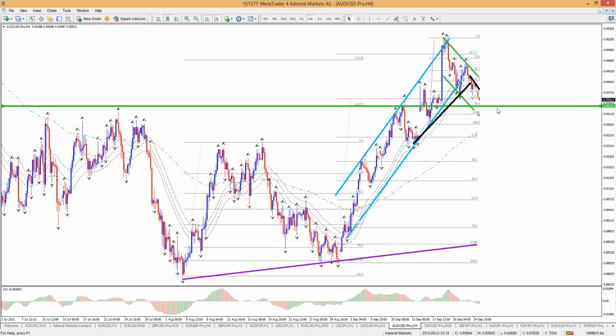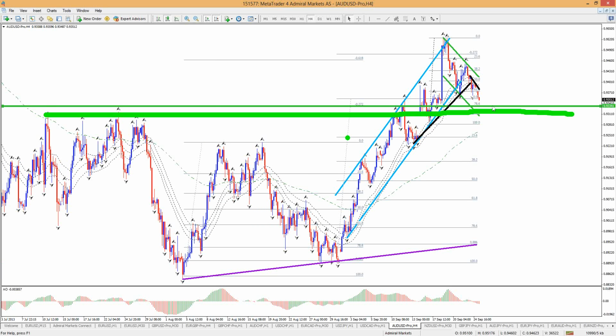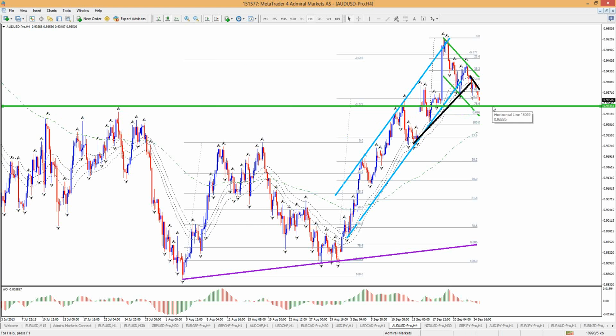I think that level here at around 93 is very important, right? Because 93 was a major resistance. So if it hooks back to that level, the 93.30 level, that's just a key level in the market where we could see a bounce.